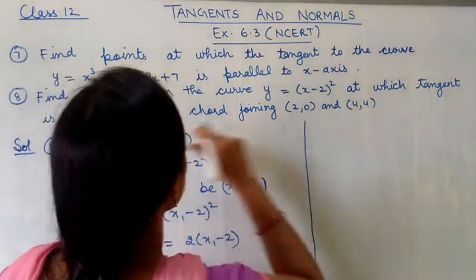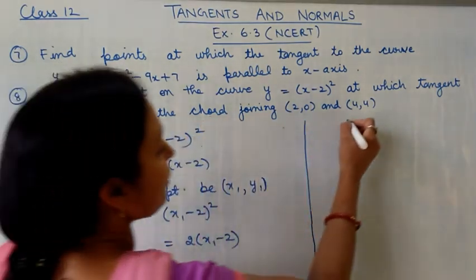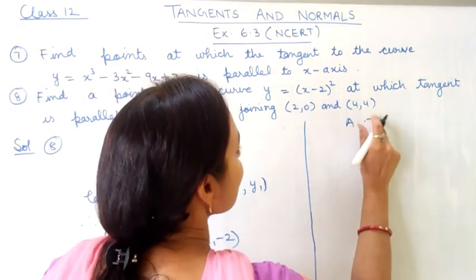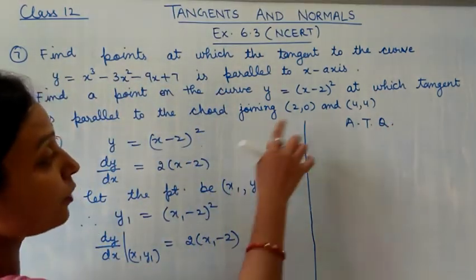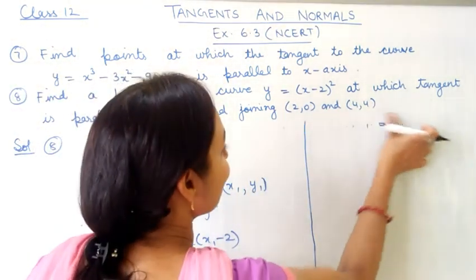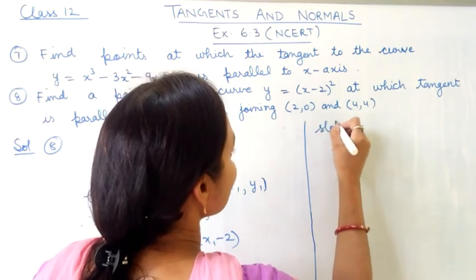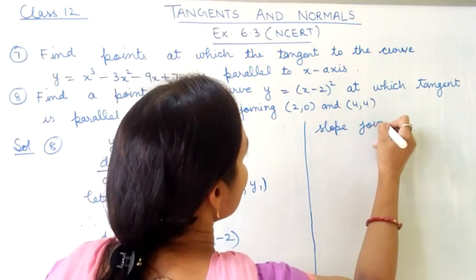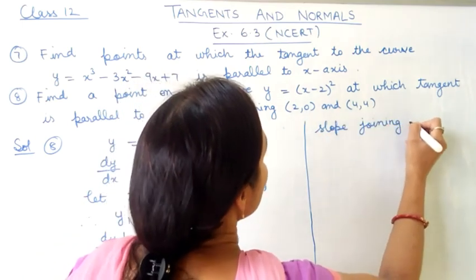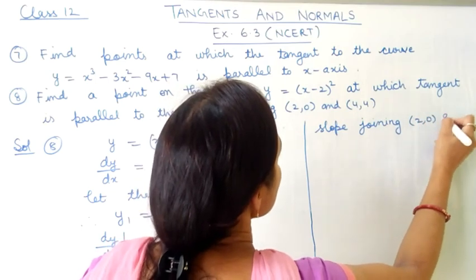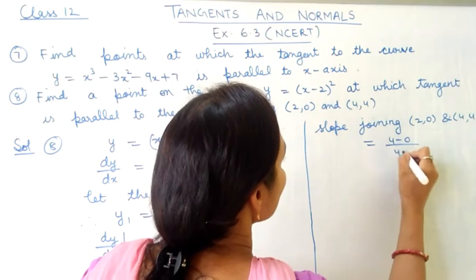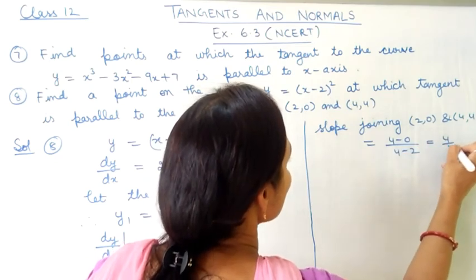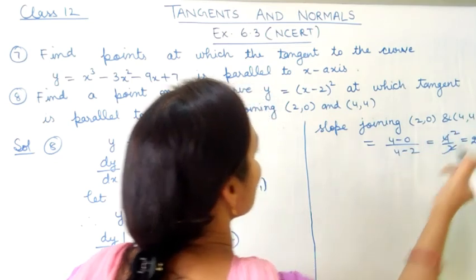Now it is parallel to the chord according to the question. First of all, I will find the slope joining (2, 0) and (4, 4), that is (4 − 0)/(4 − 2), that is 4/2, after cancellation 2.